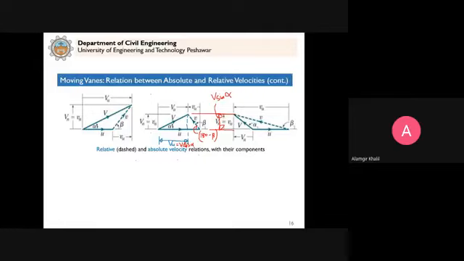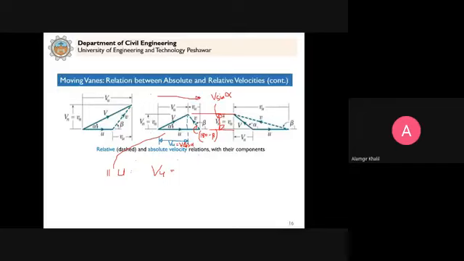Now in the u direction, parallel to u, we will have in this direction vu equal to u. U is from here to here.